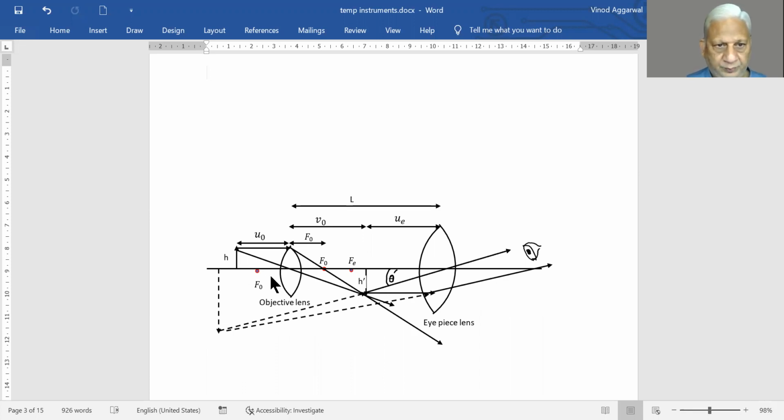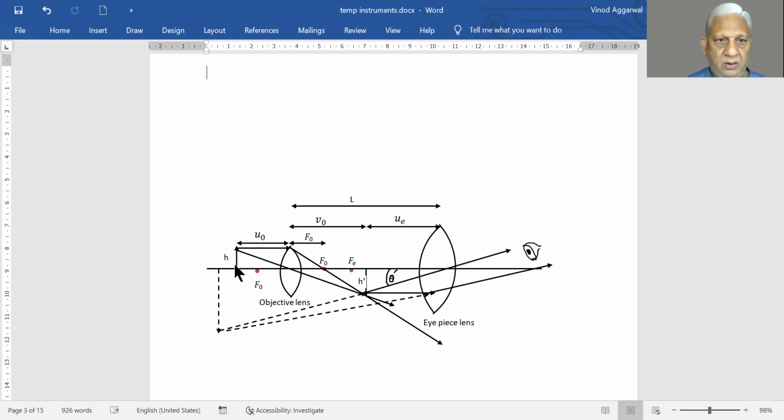The object is placed near this lens, and we view this object through the other lens. This is called the eyepiece because our eye is close to this. This is called the objective because the object is close to this.